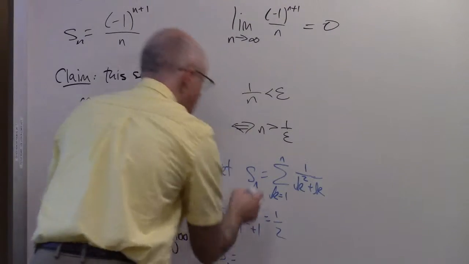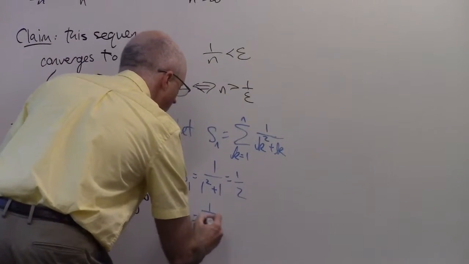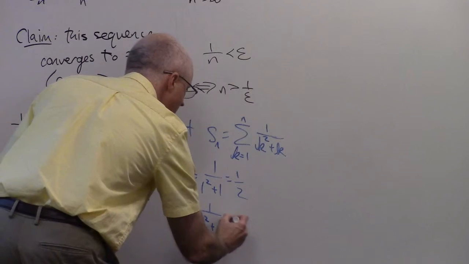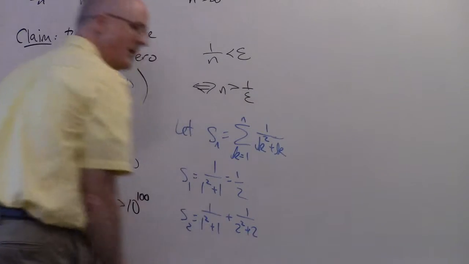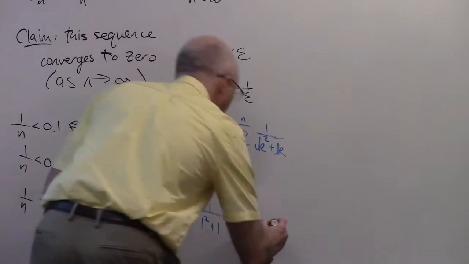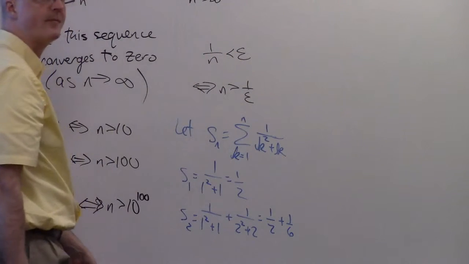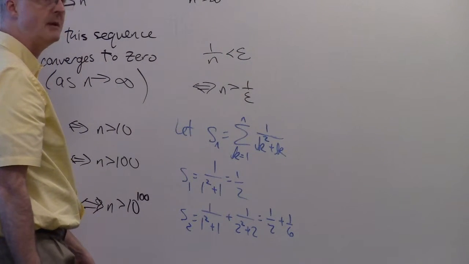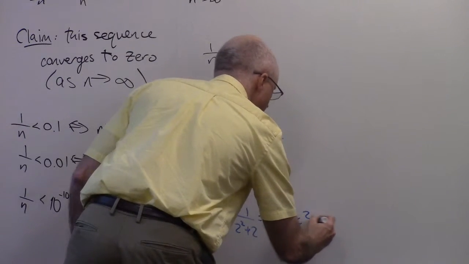S2 is going to be the sum k goes from 1 to 2 of an expression like this. 1 over 1 squared plus 1 plus 1 over 2 squared plus 2. That's when k is 1, this is when k is 2. 1/2 plus 1/6. Get a common denominator of 6. This will be 4/6 or 2/3.